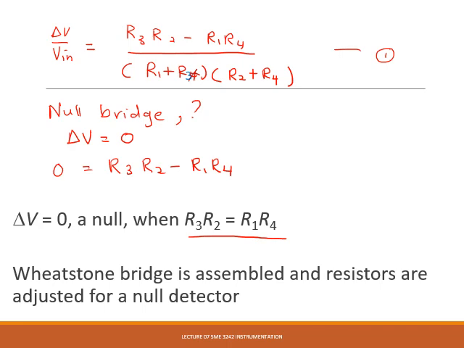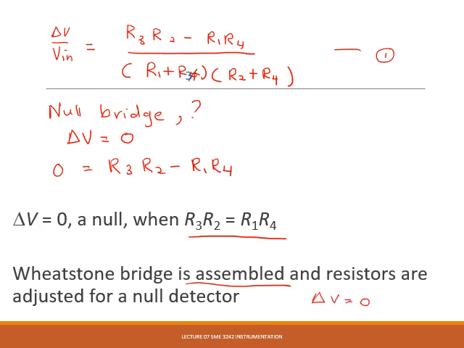This is actually the condition that we need to satisfy if we want to get a null bridge. If we want to design the circuit to be null bridge, or delta V equal to 0, what we normally do is assemble the Wheatstone bridge, and then adjust the resistors such that we get delta V equal to 0.